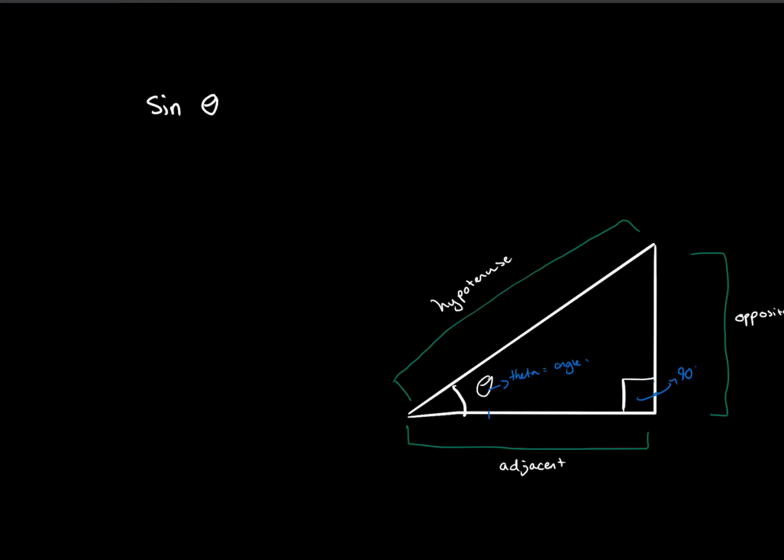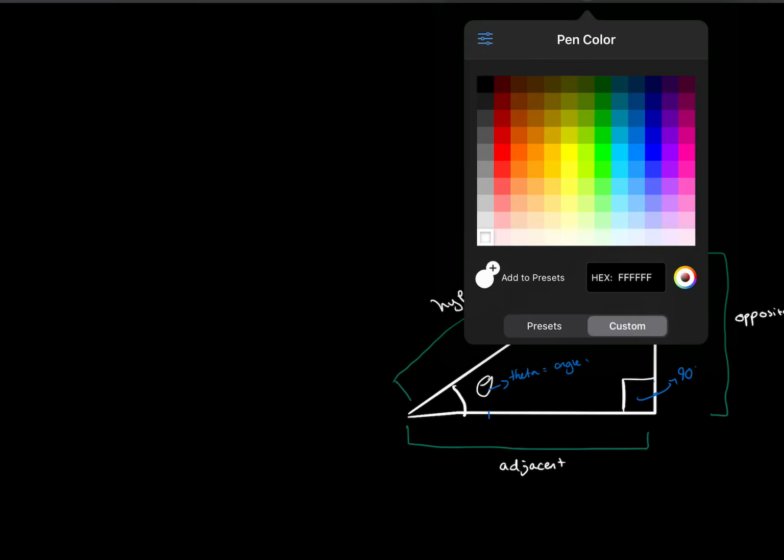Our main parts of the triangle are detailed below. So we've got the hypotenuse, the adjacent, the opposite. So let's try and find the sine, cosine, and tangent using our hypotenuse, opposite, and adjacent, the labeled right angle triangle.